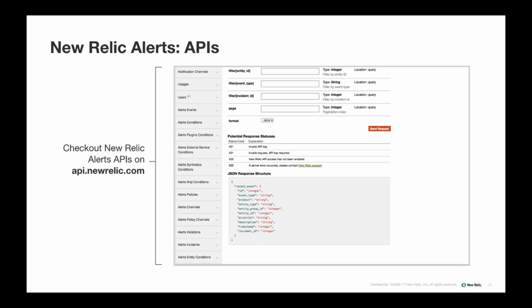We have many such customers, and we have APIs to set up New Relic Alerts. If you haven't explored our APIs for New Relic Alerts, definitely check them out on api.newrelic.com, where you can see all the APIs for how to set up New Relic Alerts, how to list the New Relic Alerts policies, and so forth.